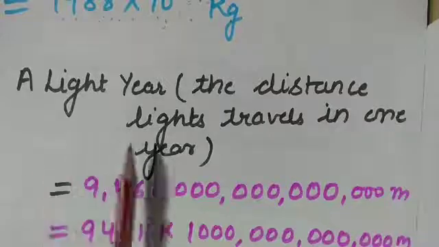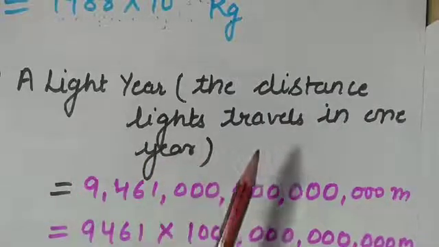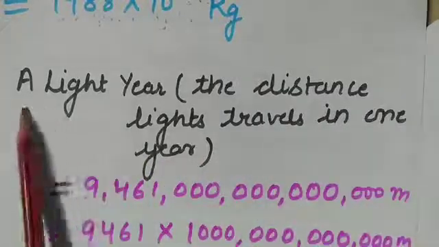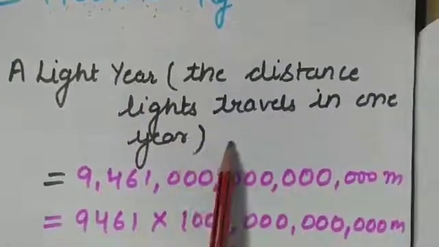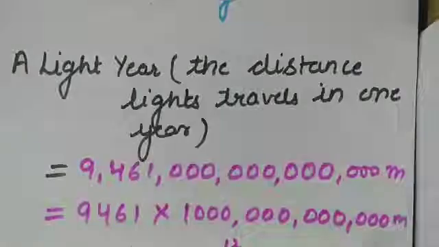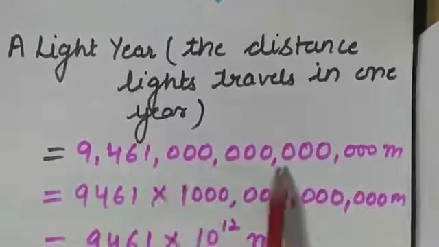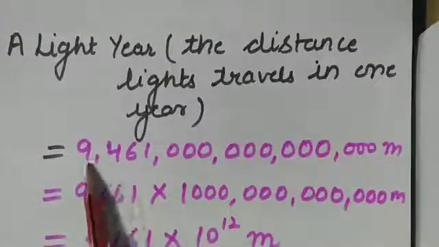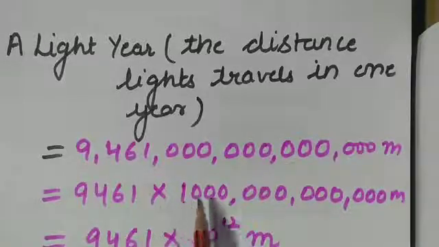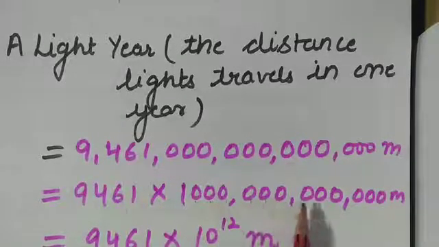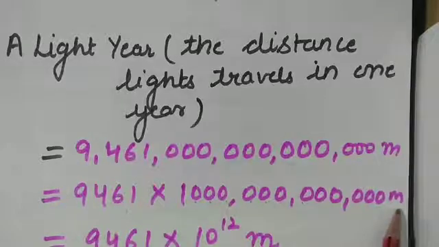Let us take one more example to learn about application of exponent. A light year, that is the distance light travels in 1 year, is this much in meters. Now this number can be written as 9461 into 100000000000 meters.